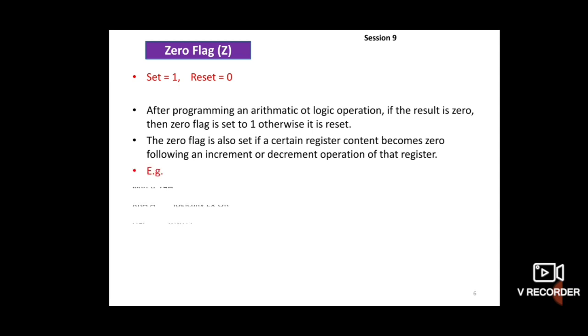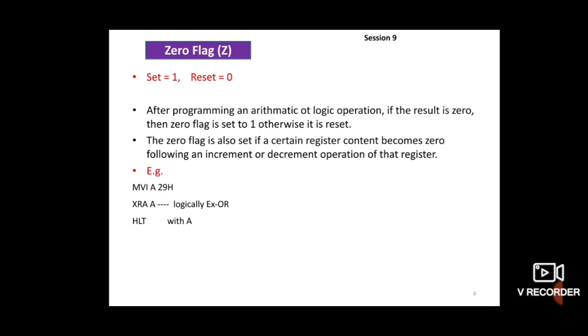Now see the example. Here: MVI A, 29H; XRA A; then HLT. XRA means exclusive OR, the XOR gate. I think you know the XOR gate and OR gate. XRA means logical XOR with A. MVI A 29H means 29 is stored in the accumulator register. MVI means move immediate, so 29 data is transferred immediately to the accumulator.